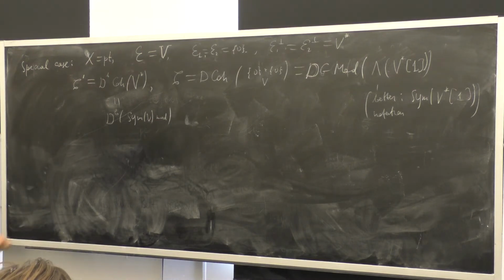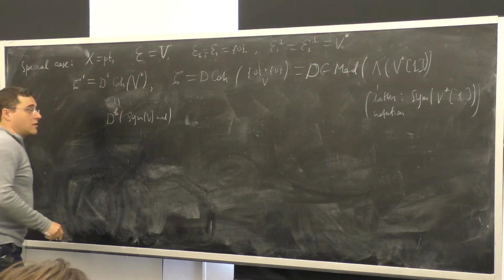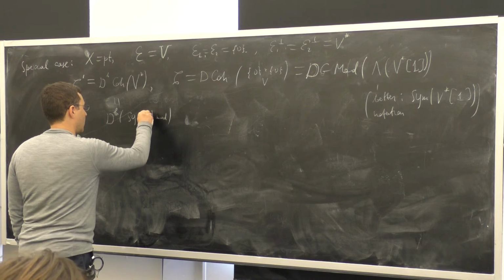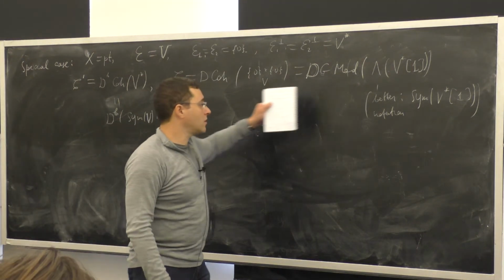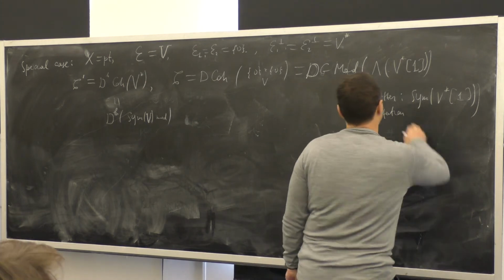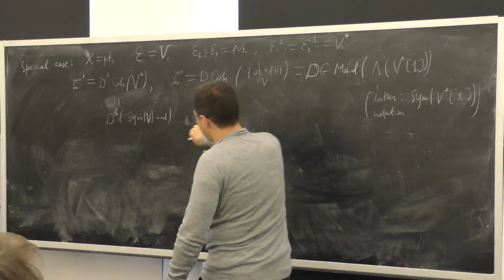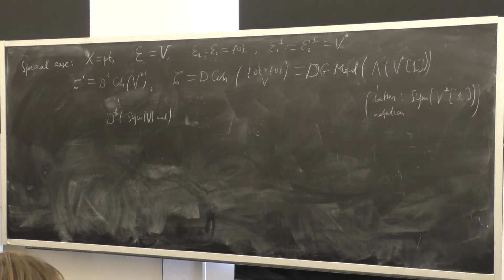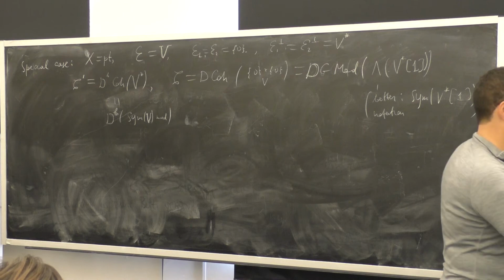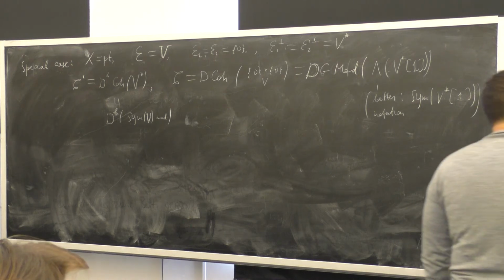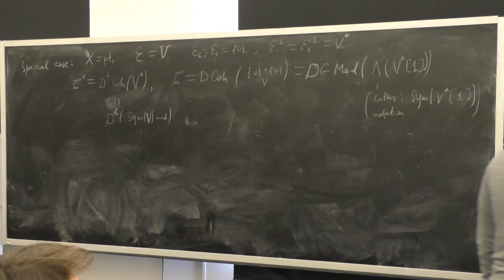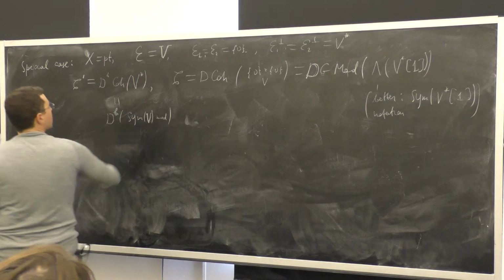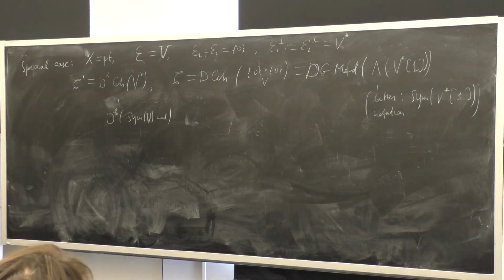So this is just to point out that in the special case, it is just the same duality basically between exterior algebra and symmetric algebra, that is the easiest example of this. In the general case, something a little bit more interesting happens because we are over a base and things can vary, but it's essentially the same.